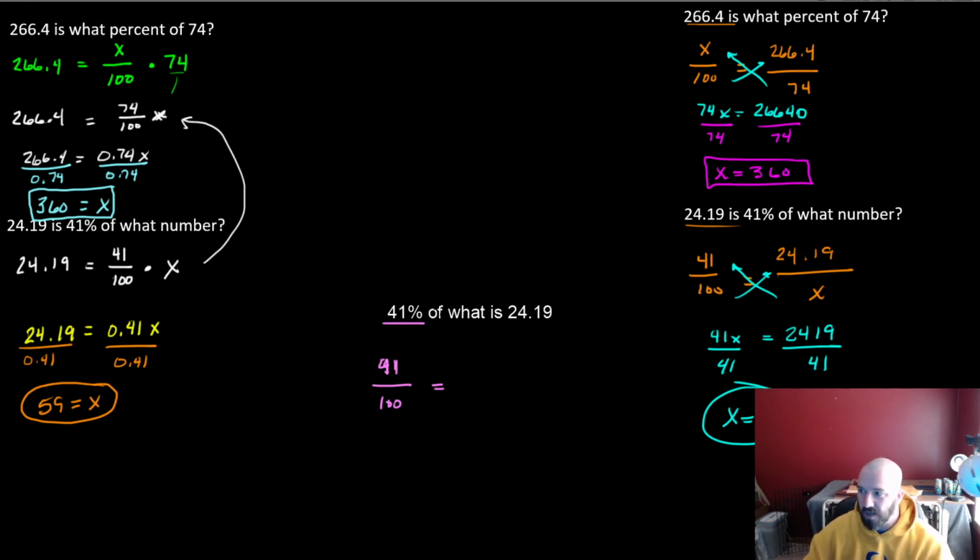So the question is, is the what associated with the is or the of? And the easy thing to do is to look at the end. The end is only going to be touching one of the words, so that's associated with that word. So is 24.19 goes on top, and then whatever's left of what goes on the bottom.